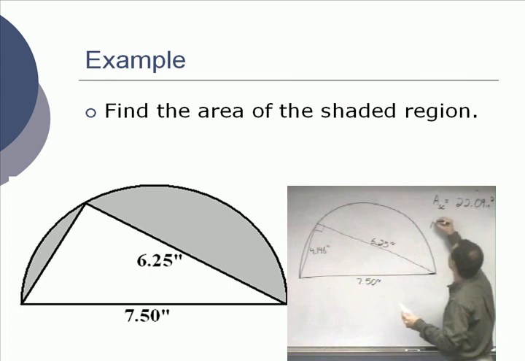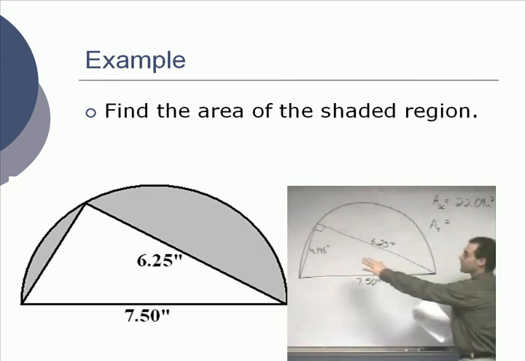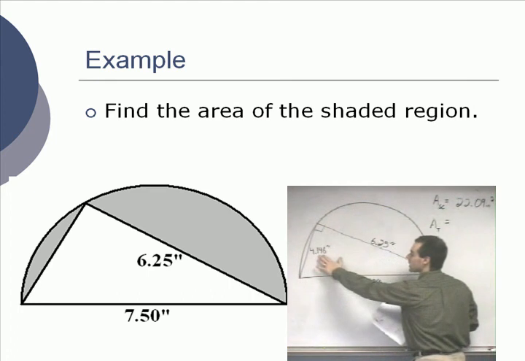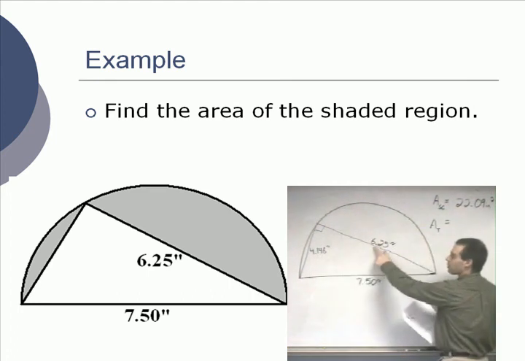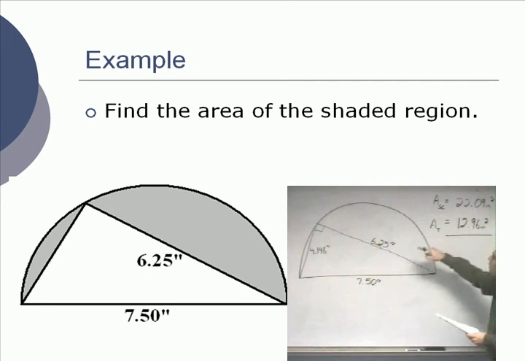Area of the triangle, 1/2 of 4.146 times 6.25. It turns out to be 12.96. Subtract this from that, we get the area of the shaded region, which turns out to be 9.13 square inches. Okay?